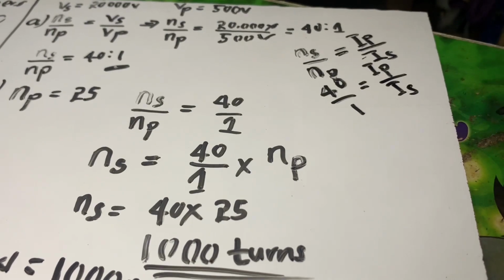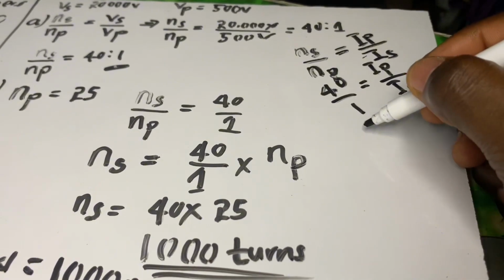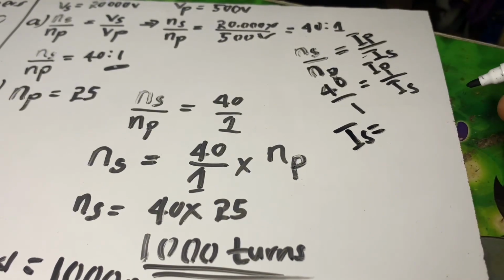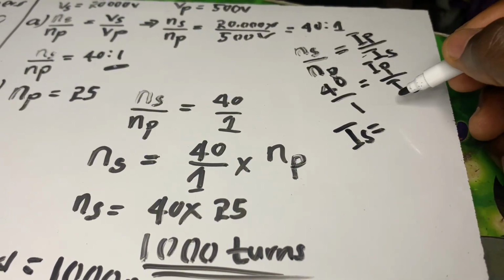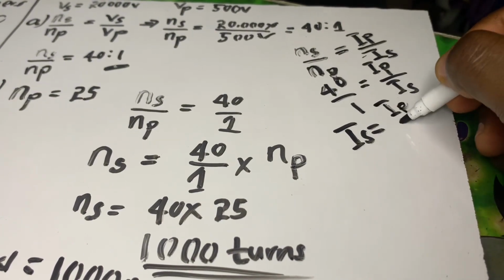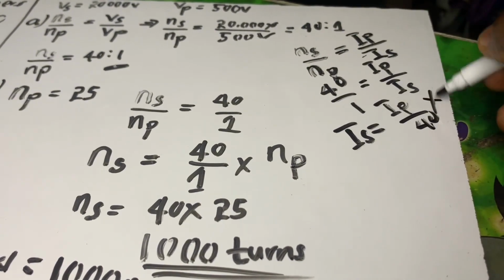But we are looking for the current at the secondary. So we can say the current at the secondary coil, that is the current fed into the cable, will be equal to the current at the primary coil divided by 40 times 1.